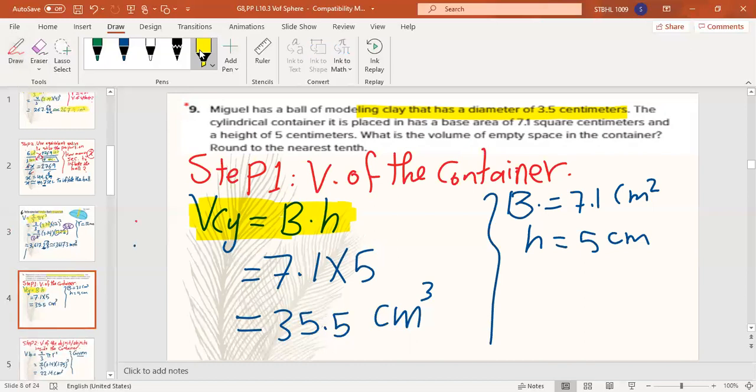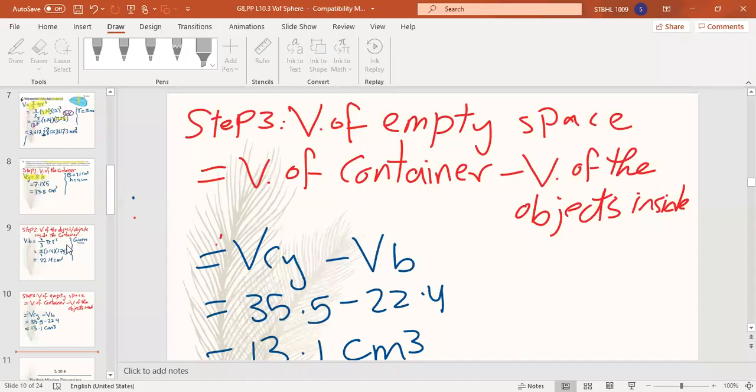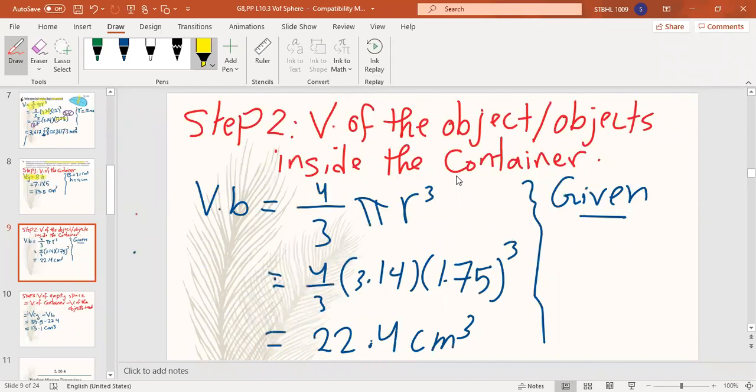And we will go to find volume of the object which is inside the container, which is volume of the ball. The formula is 4 over 3 pi r cubed. Okay, and what is given here about the ball?